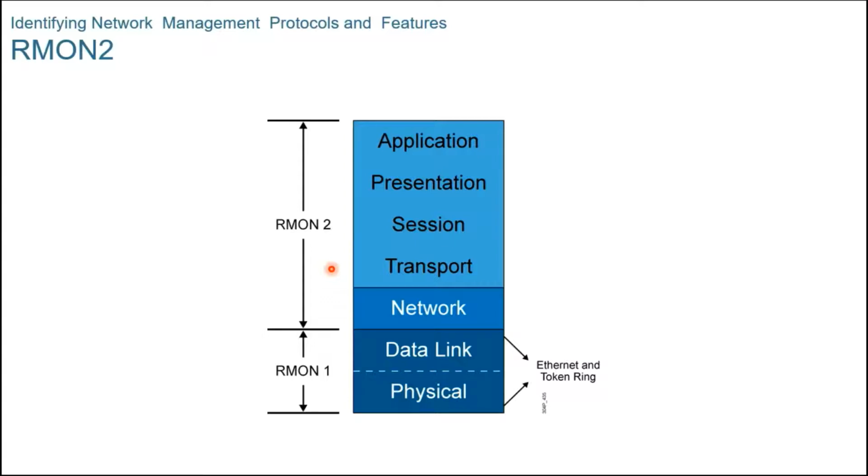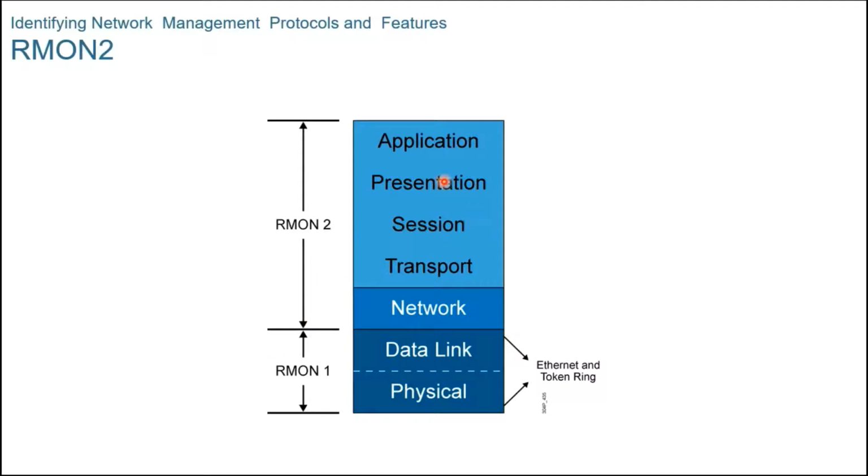So the network manager can view conversations at the network and application layer. Therefore, traffic generated by a specific host or even a specific application, for example a telnet or a web browser, can be observed.